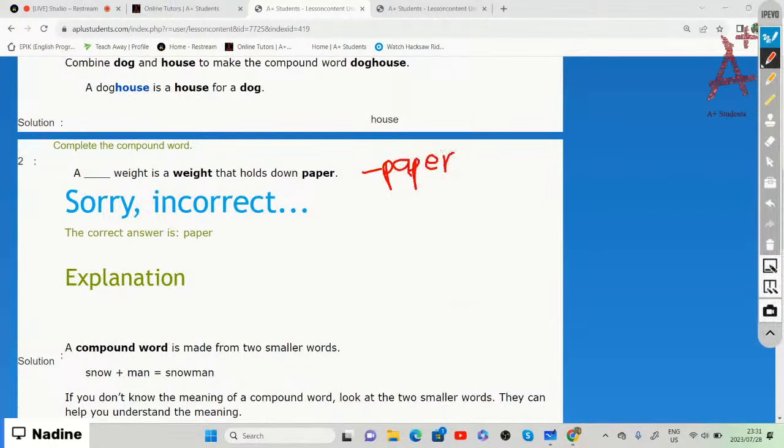So we're going to add paper to the missing word, and it is actually paperweight.